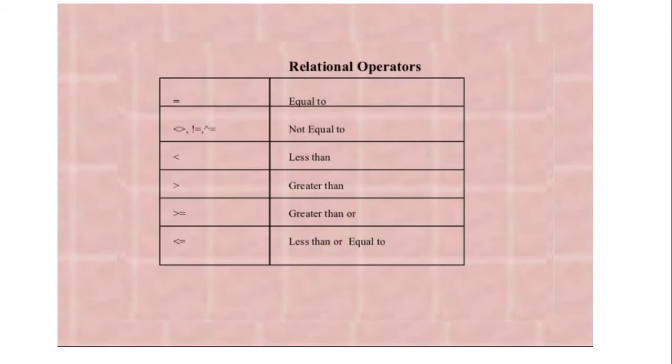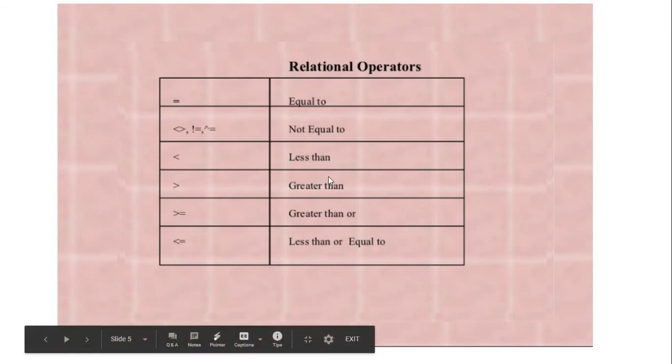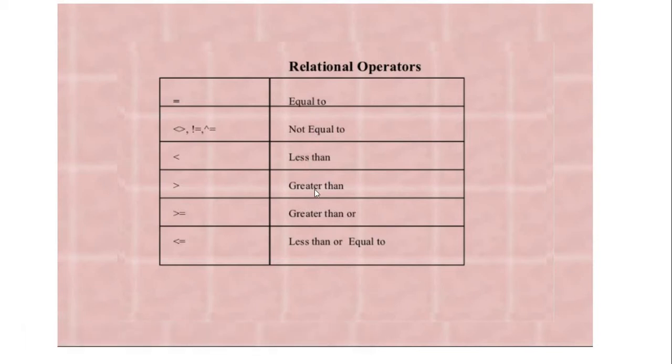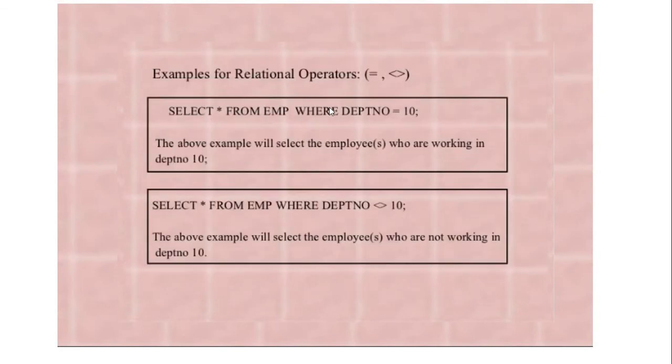If we consider the relational operators, these are the various relational operators: equal to, not equal to, less than, greater than, greater than or equal to, and less than or equal to. You can apply these operators to put various conditions on the attributes present in the table. For example, when we have to select all the rows where department number is equal to 10, we write it this way.